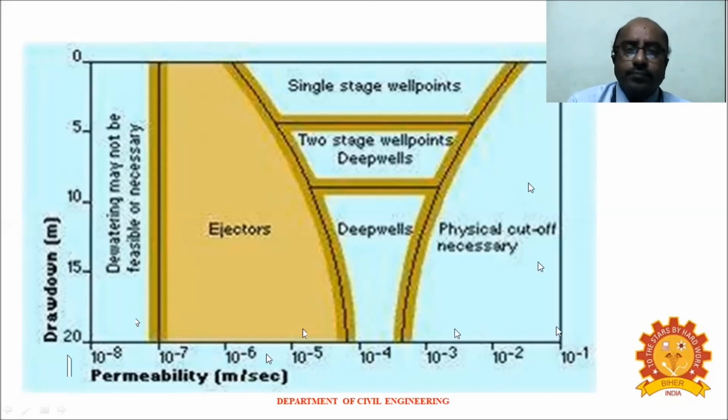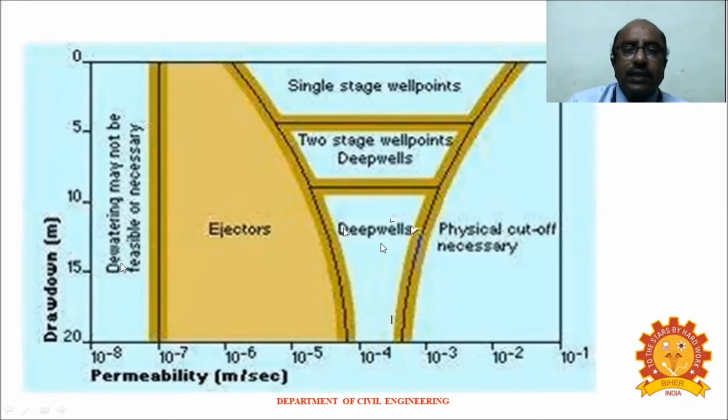For example, if you want a drawdown depth of 5 meters, then we can go for a single-stage well point. Whereas when we want to go up to 10 meters, then we have to go for a two-stage well point system or deep wells. Or when we want to go further, more than 10 meters, then we have to go for deep wells.